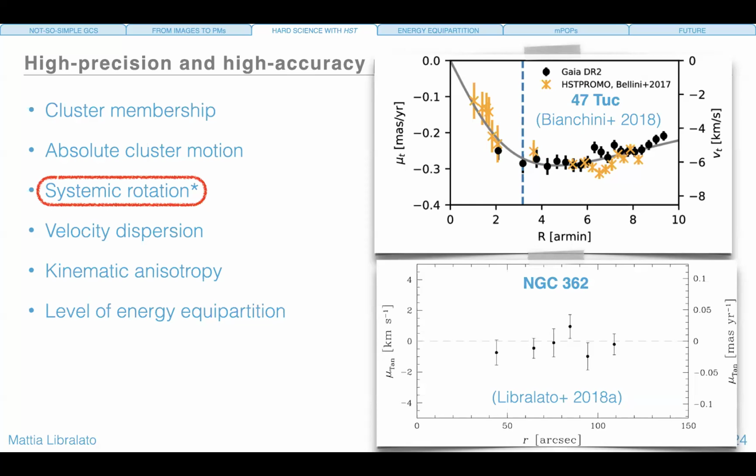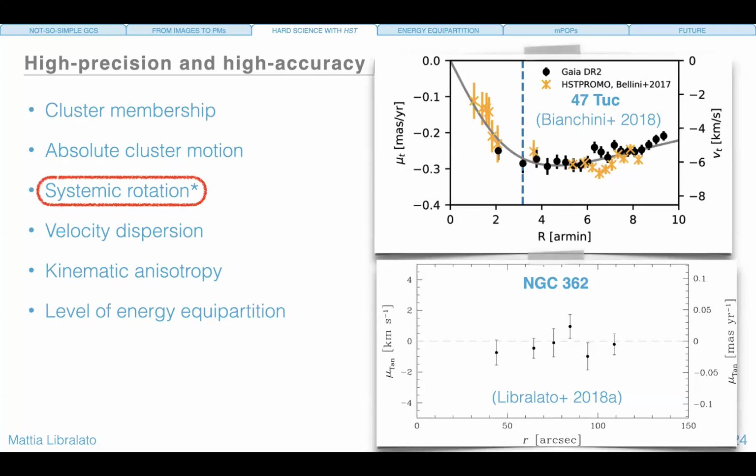Well, how the cluster formed and how important the rotation in the cluster was at the formation, and the interaction that it might have with the surrounding galaxy, that is expected according to the theory to shape the rotational curve probably very, very far from the center, at the edges. And also it can give you a hint of the dynamical status of the cluster, if there are peculiar substructures that can create some peculiar kinematic features.